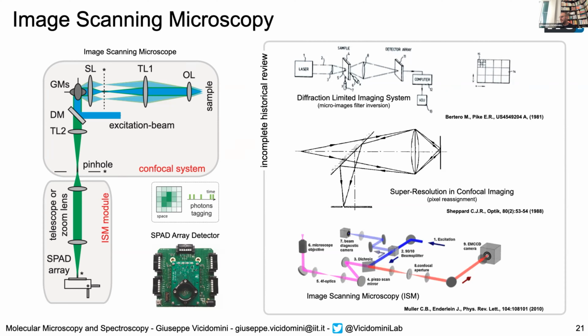And the nice thing is that only 20 years later, Enderlein was able to demonstrate this principle, the principle of image scanning microscopy, that I'm going to tell you much more about in detail later. But the basic reason why nobody was able to implement it was a lack of technology. There was no camera fast enough to follow the scanning of your system, which is typically in the range of microseconds.